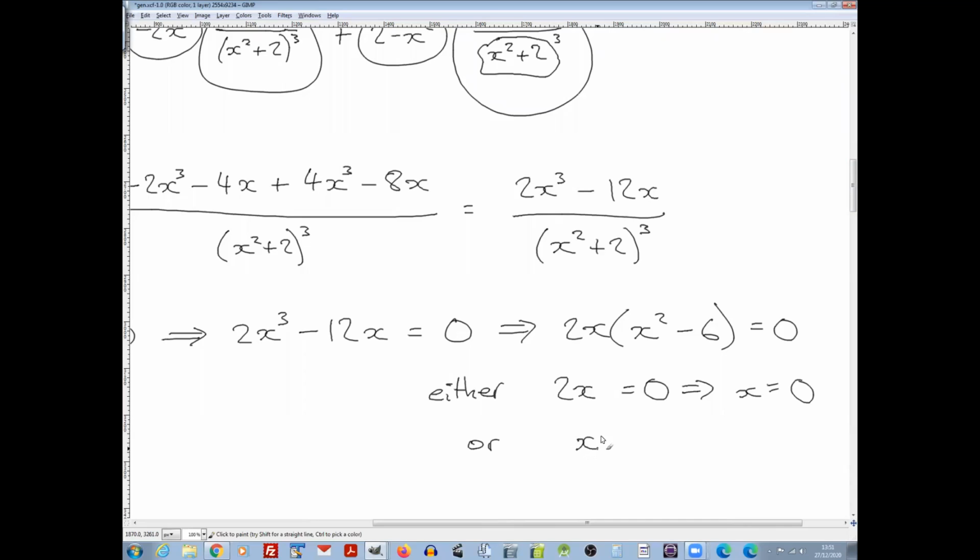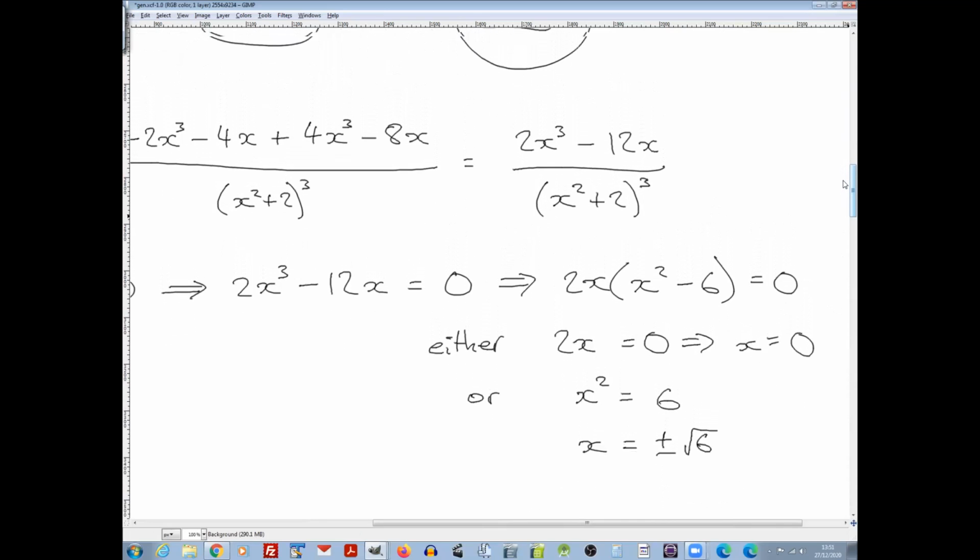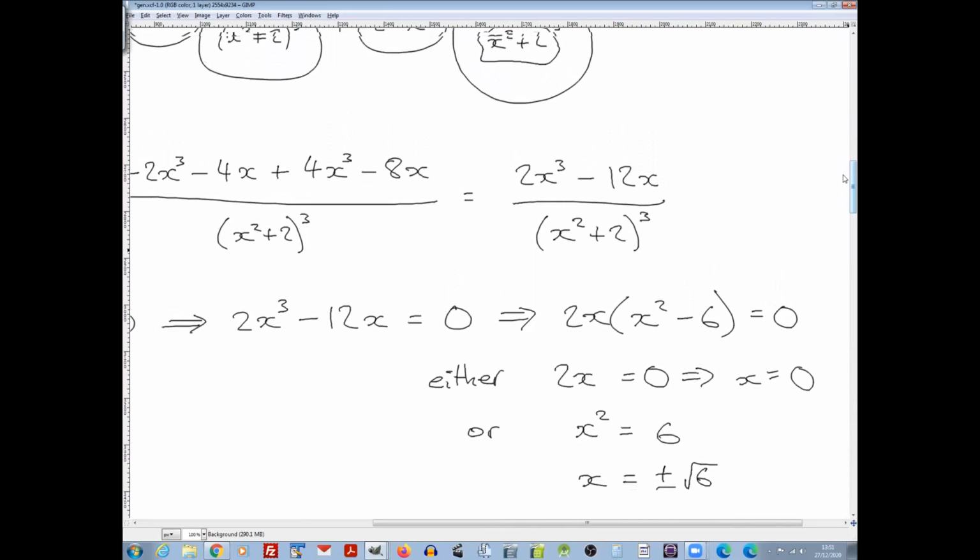In which case x squared equals 6, and x equals plus or minus root 6. So we've got 3 x values.